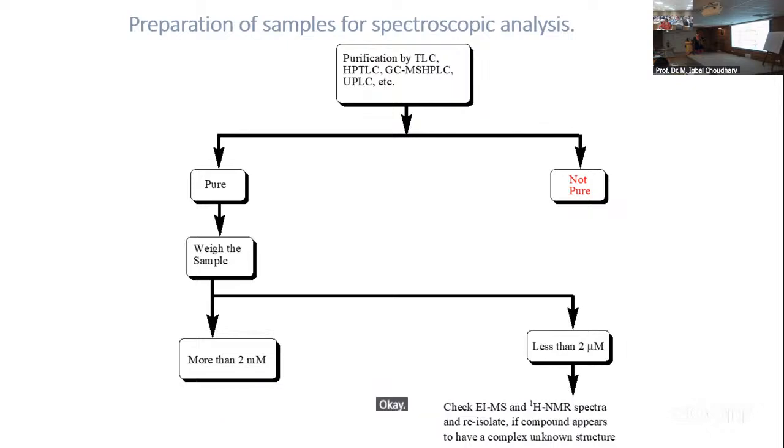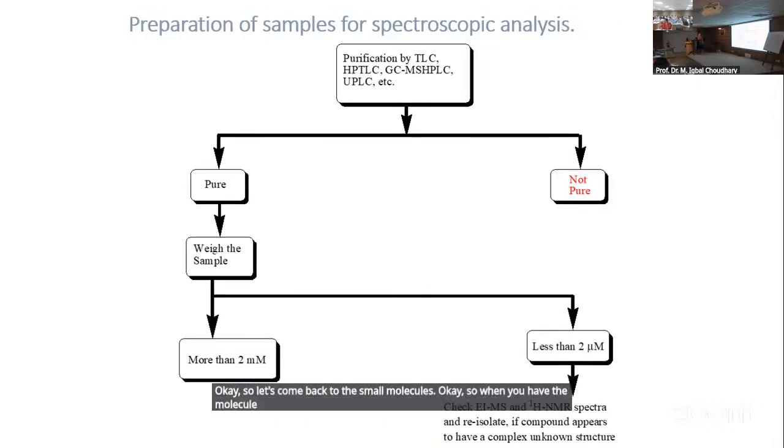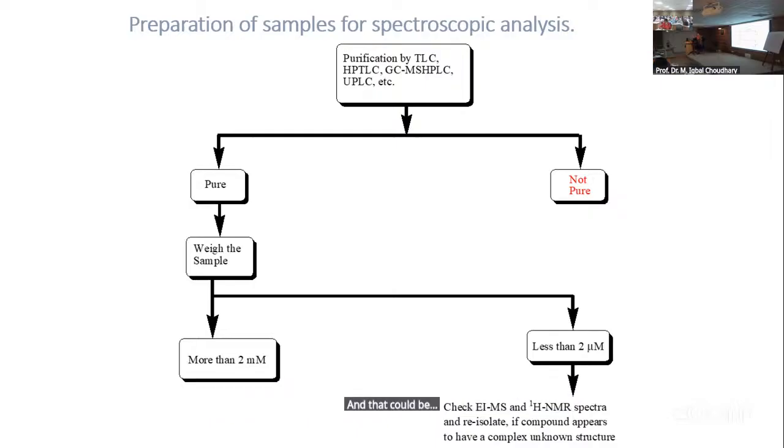Okay, so let's come back to the small molecules. When you obtain the molecule, it could be from natural sources, or you may have synthesized it, but it's a small molecule, a few hundred daltons.